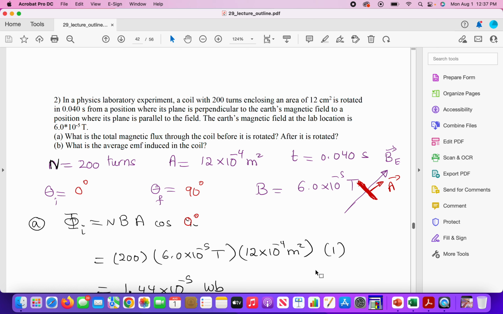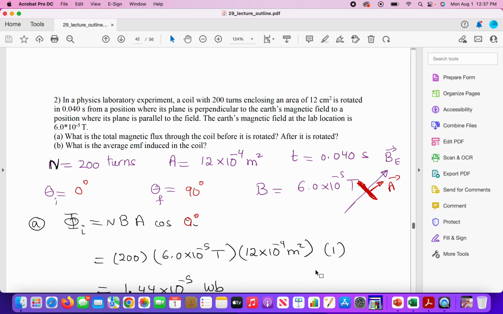The Earth's magnetic field at the lab location is 6 × 10⁻⁵ Tesla. What is the total magnetic flux through the coil before it is rotated? And then after it is rotated, what is the average EMF induced in the coil?